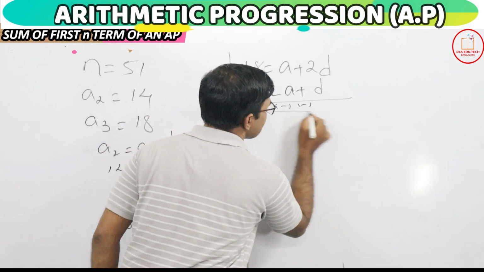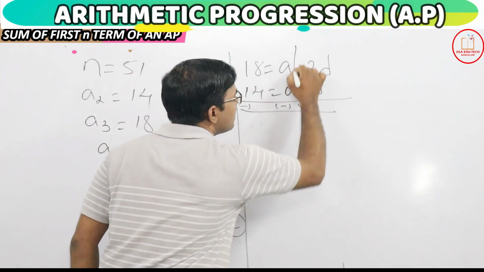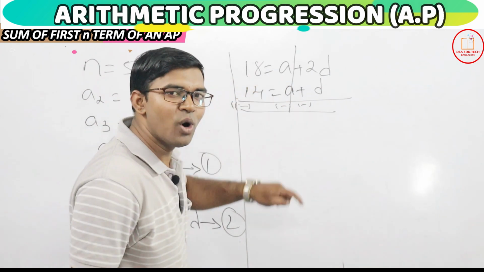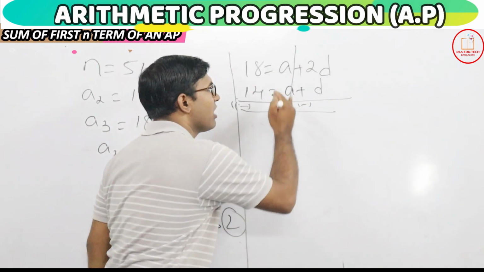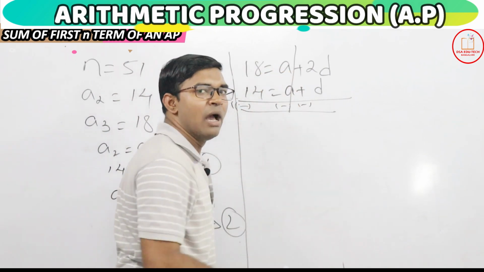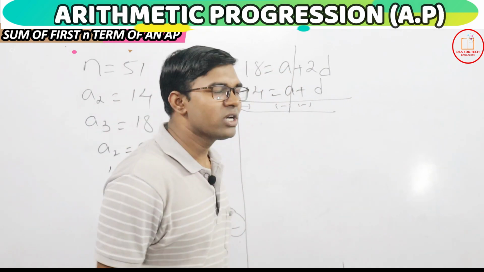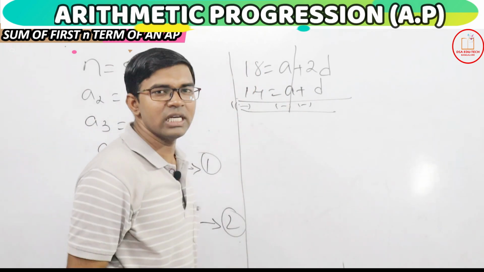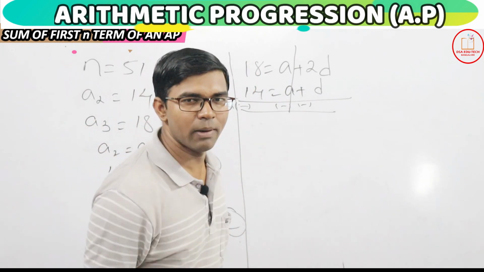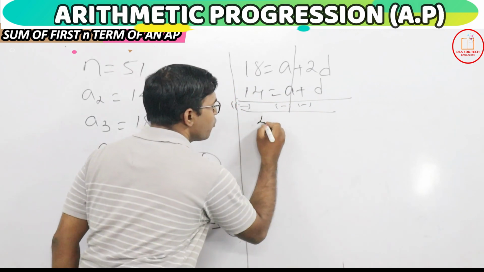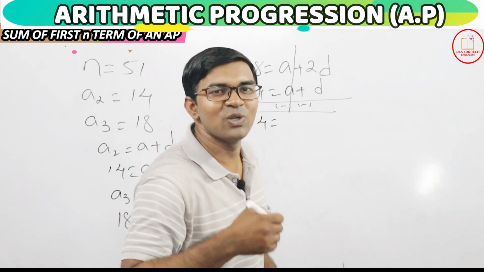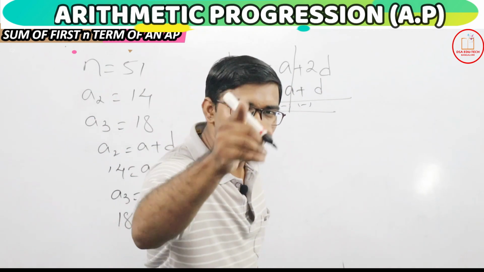Then I will put a line, and the value A is having the same value with different sign. Here we have a plus sign and here we have a minus sign. So we are able to cancel it. In 18, if I subtract 14, I am going to get 4. So let me write 4 is equal to, in 2D, if I subtract 1D, I am going to get 1D, right?